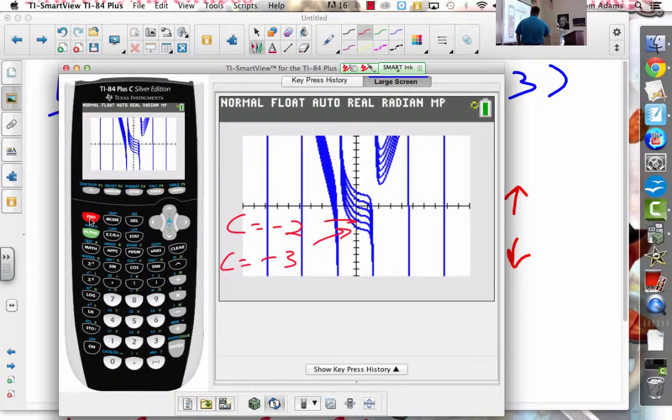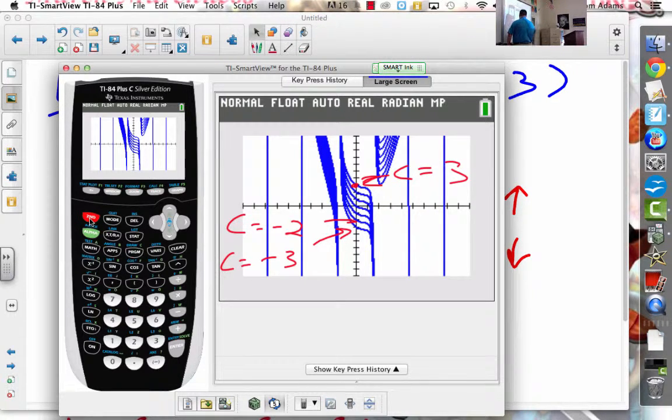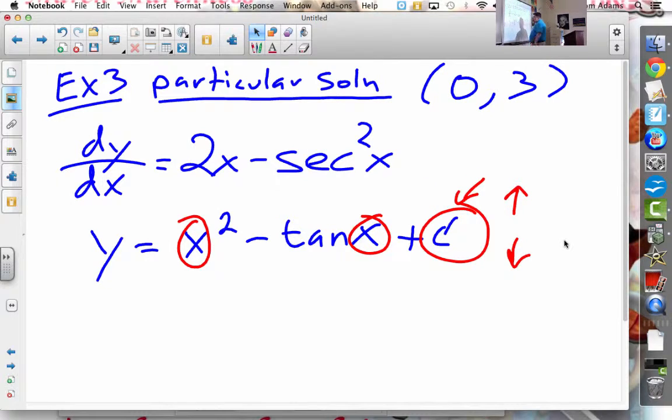And this very next one should cross through 3. Yeah, here it comes. And so this last one occurs when c equals 3. And that's okay. But now we're going to find that algebraically.